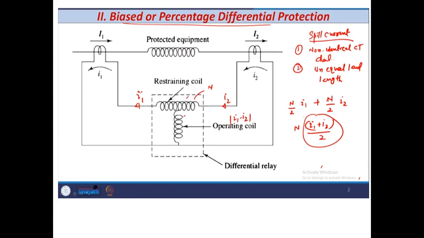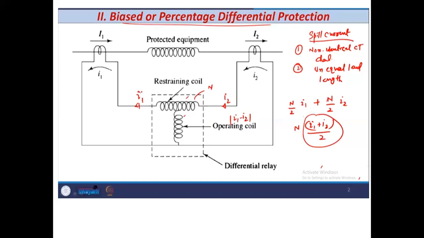That is known as the operating coil, and I1 minus I2 is the differential current. This is I1, this is I2. So I1 minus I2 is the differential current flowing through this relay.